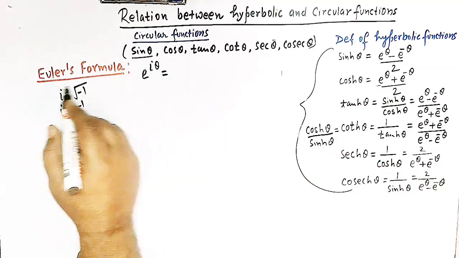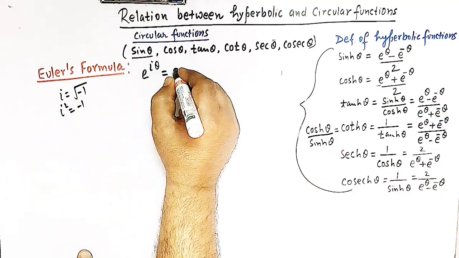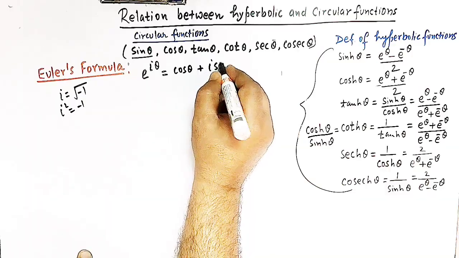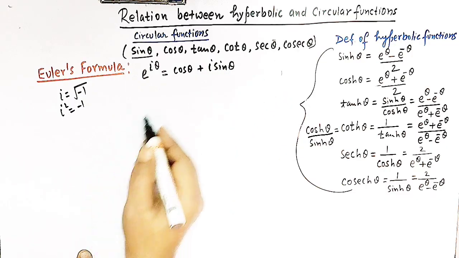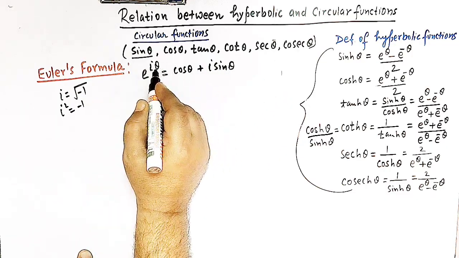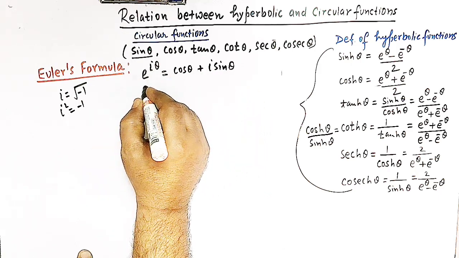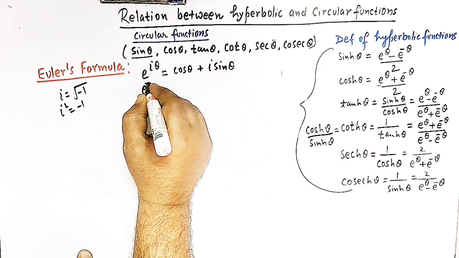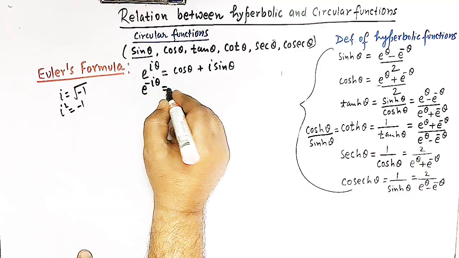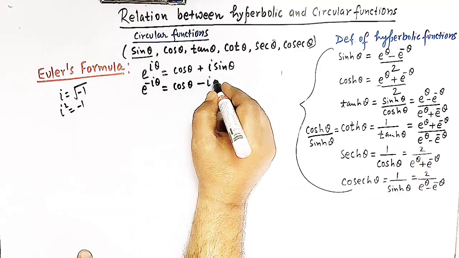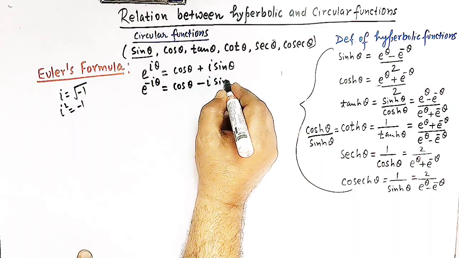And we can now write e raised to i theta as cosine theta plus iota sine theta, right? So now if we replace this theta by minus theta, then this formula becomes e raised to minus i theta is equal to cos theta, and here we have minus i sine theta.